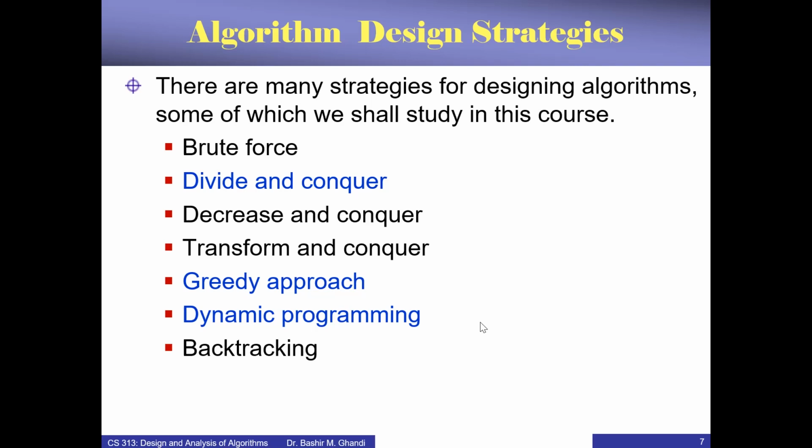We briefly talk about backtracking. And branch and bound. So these are all different kinds of algorithm design techniques. But the one I highlighted in blue here, divide and conquer, greedy, and dynamic programming, are really the three main design techniques that we shall focus on in this course.